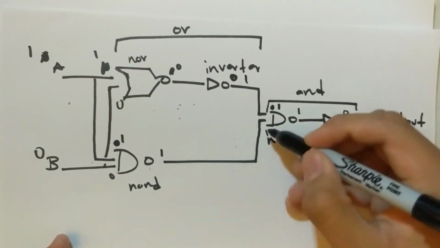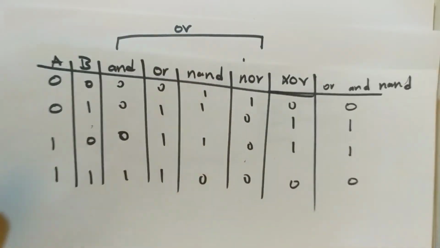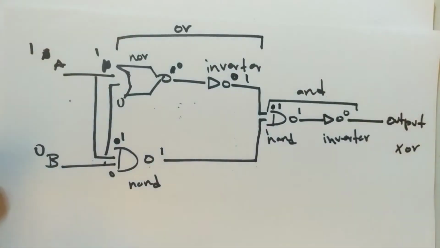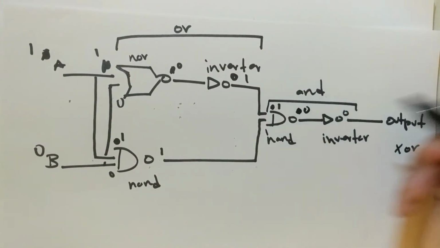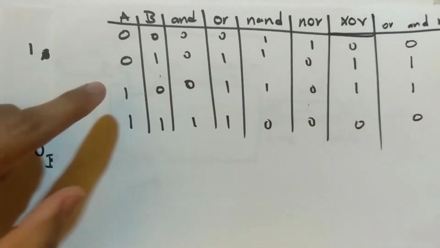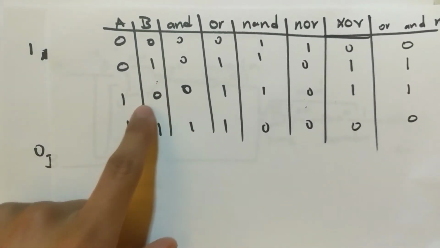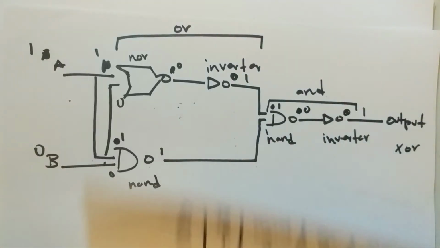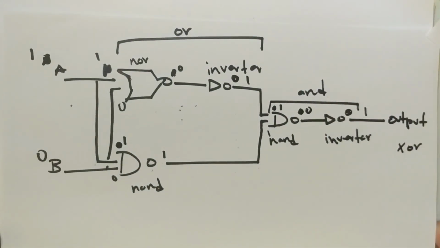Alright, it works. So 1 1. What's the NAND of 1 1? 1 1 NAND 0. What's the inverse of 0? 1. So the output is 1, right? So if we give it a 1 and a 0, the output is 1, right? So there we go. It all works out.